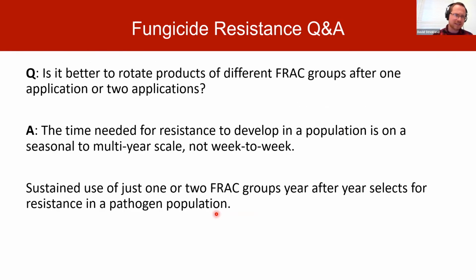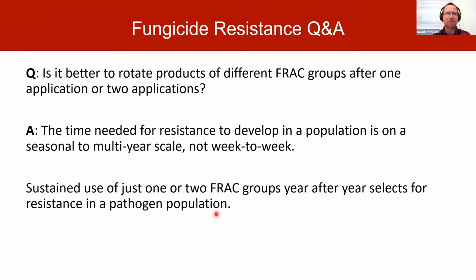Another question I get is, is it better to rotate products of different FRAC groups after one application or two applications? And the answer is that it doesn't really matter within season how frequently you're rotating, as long as you're following those label requirements of a max number of applications in a given year, which is for the single sites largely 4, because the time needed for fungicide resistance to develop in a fungal population is on a seasonal to multi-year scale.